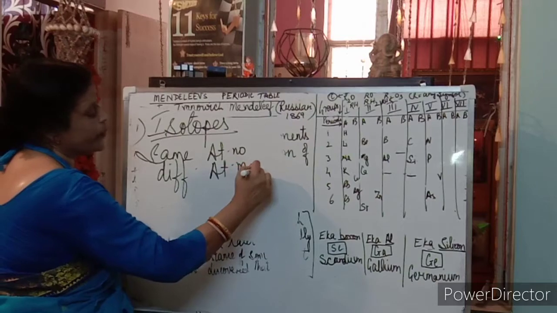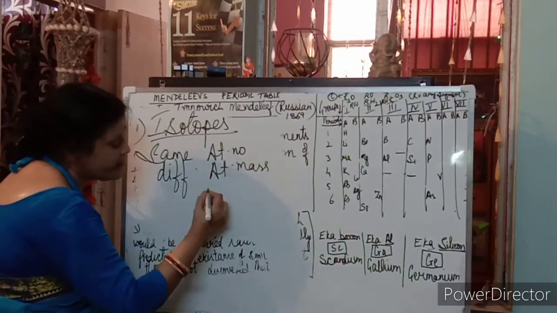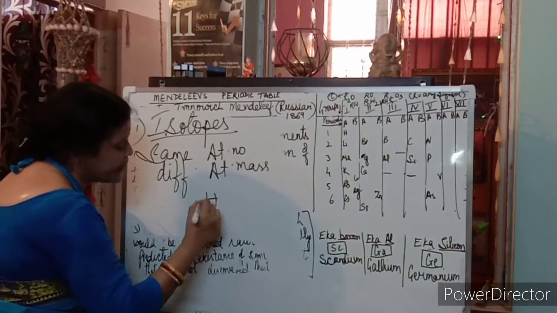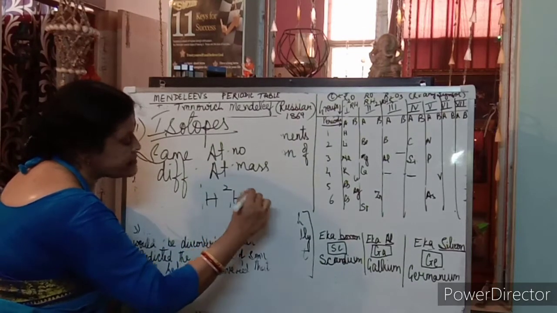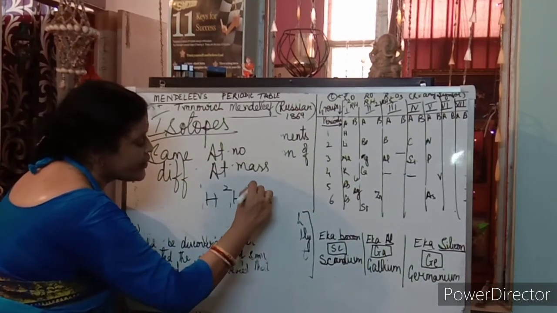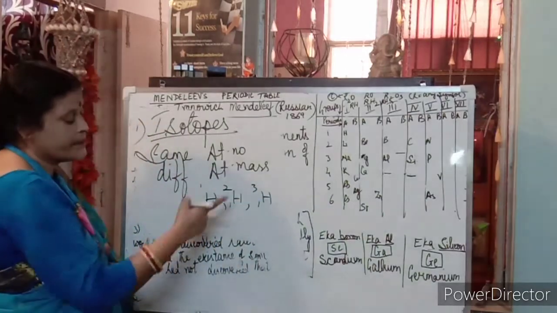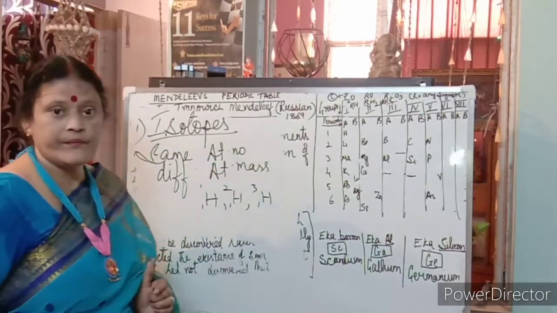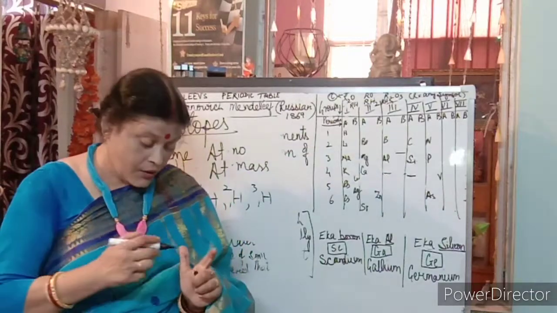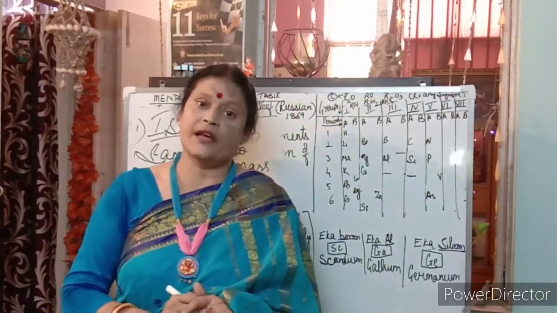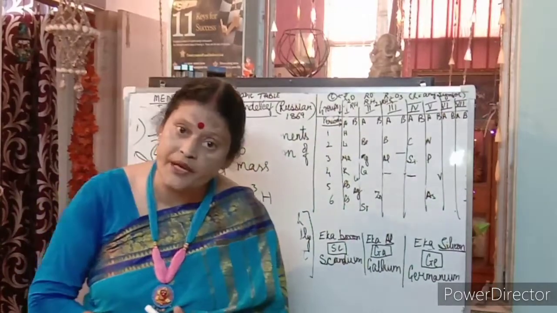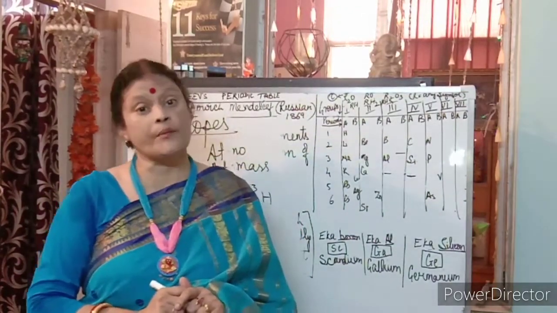When isotopes were discovered, like if I say hydrogen, 1 atomic number, 1 mass. 1 atomic number, 2 mass, 1 atomic number, 3 mass. So protium, deuterium, tritium. These are the names. Now isotopes had been discovered, which shows that some of the elements have the same atomic number but they also have different atomic masses.